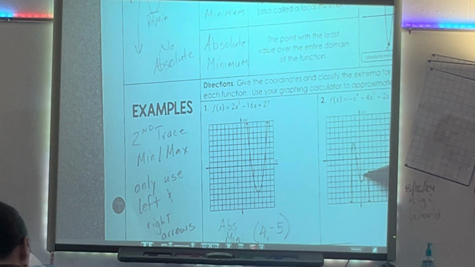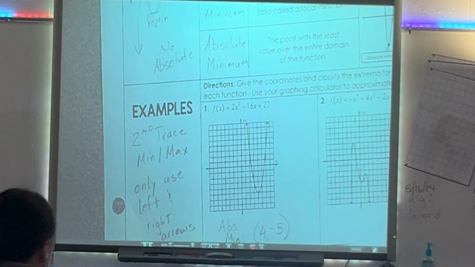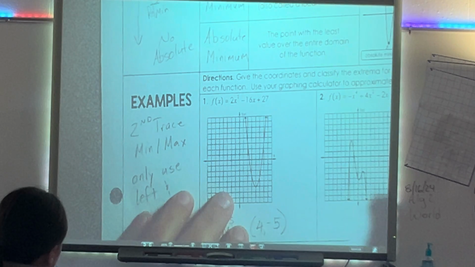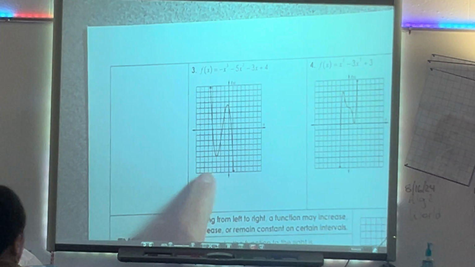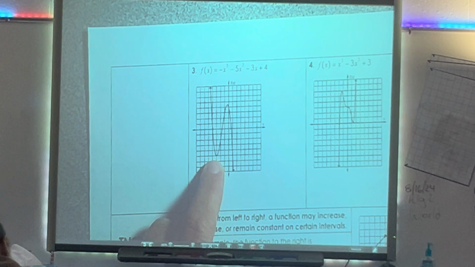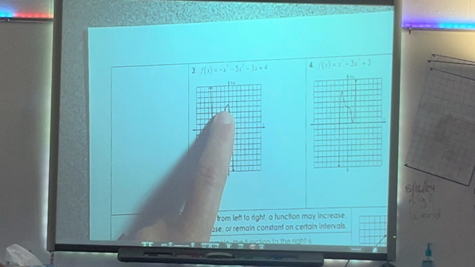And then Preston, can you get this relative maximum right there? And then I'm going to flip on the other side of the paper real quick. Rachel, you have your calculator? Will you get this minimum? I'm pretty sure I know what it is on this one. And then Antonio, will you get this maximum up here? Just save us a little bit of time on that.